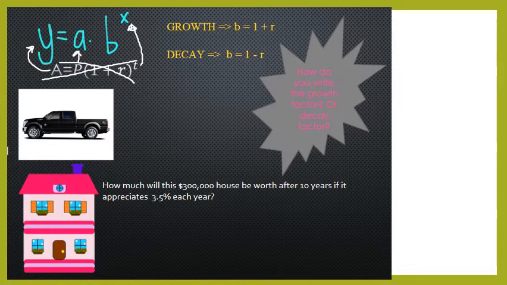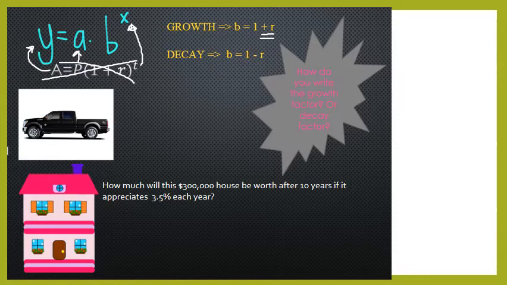Over here in yellow, you can see that if the situation is going to get bigger or grow, then we have to add the rate to 1. Now remember, your rate is a percent that you're going to convert into a really small decimal. But when you add that to 1, because you're multiplying by a factor greater than 1, your situation is going to get bigger.